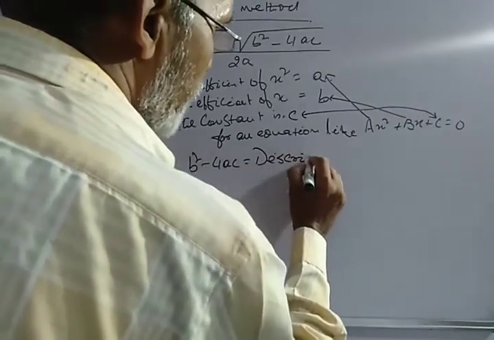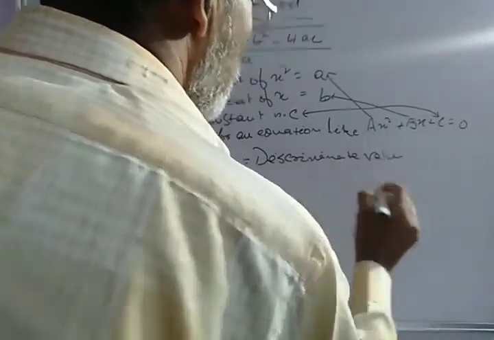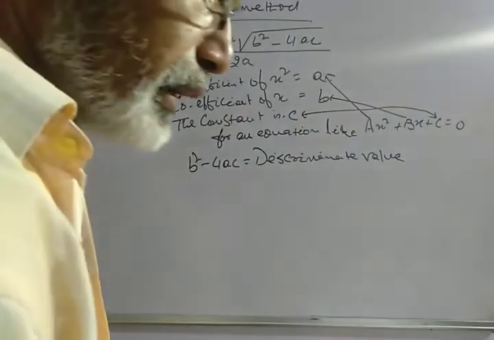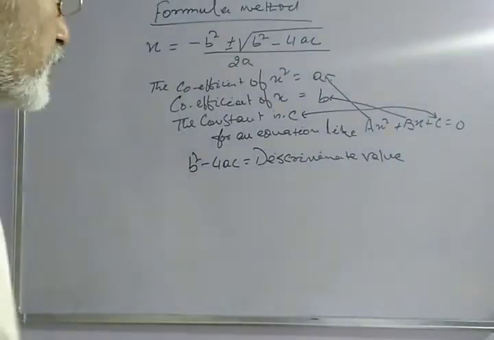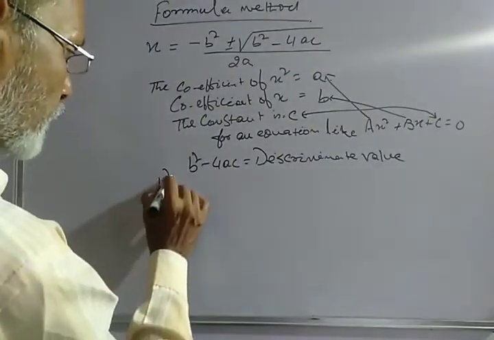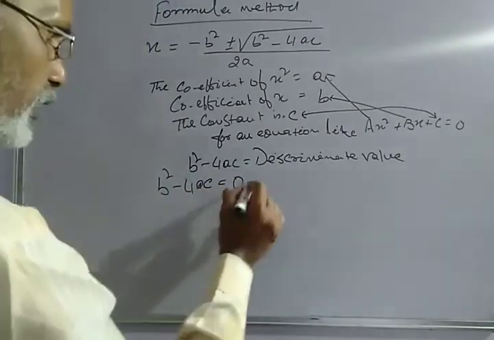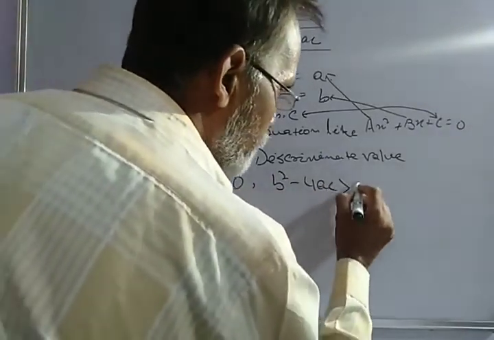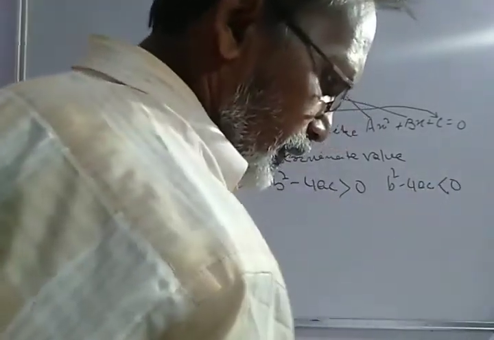Now we have three conditions: b square minus 4ac may be equal to 0, or greater than 0, or smaller than 0.